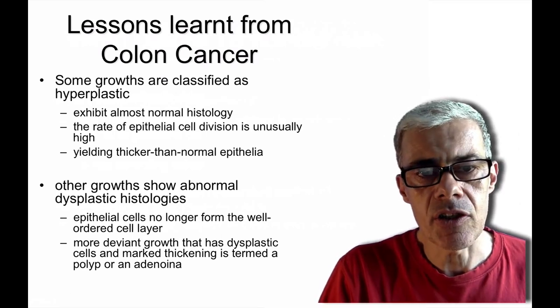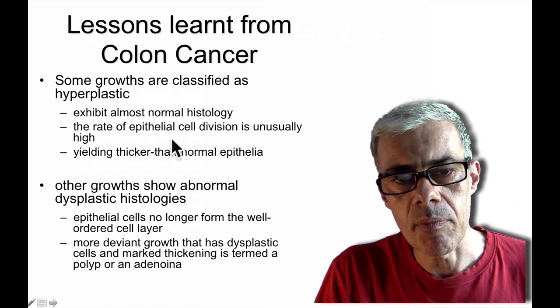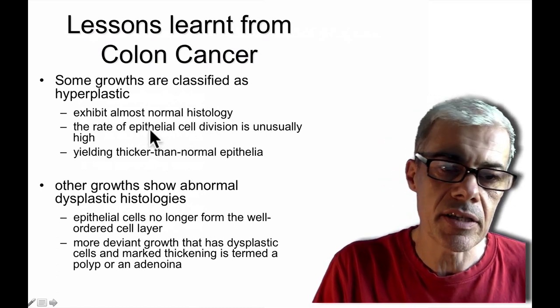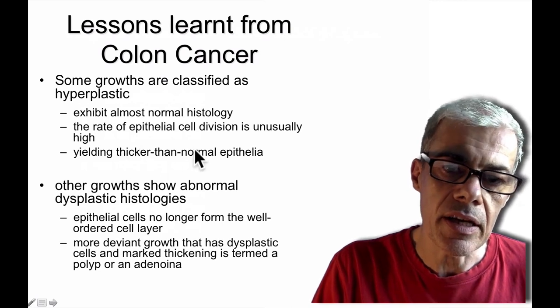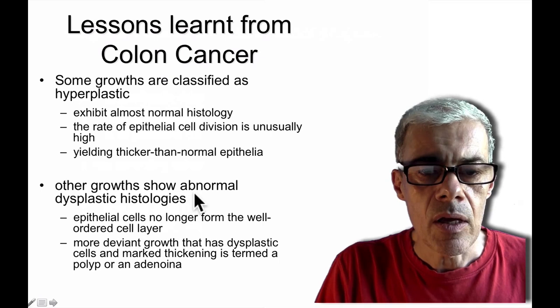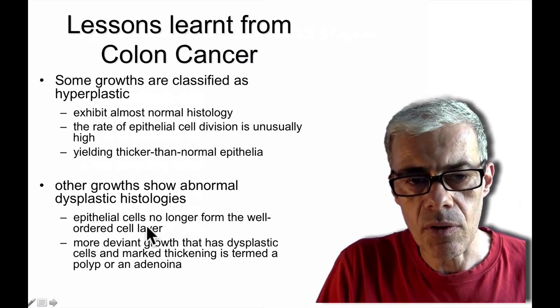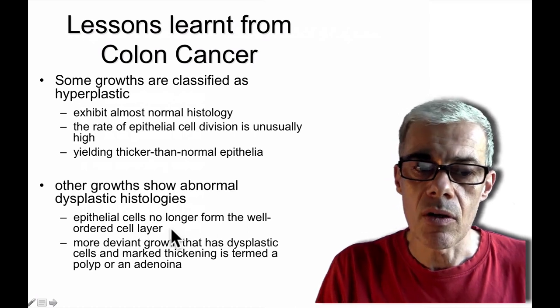People look at the histology of these cells under the microscope. They look at the rate of division, and you can see a thickening of the lining of the colon. In later stage cancers, you can see that the cells under the microscope are no longer well organized.